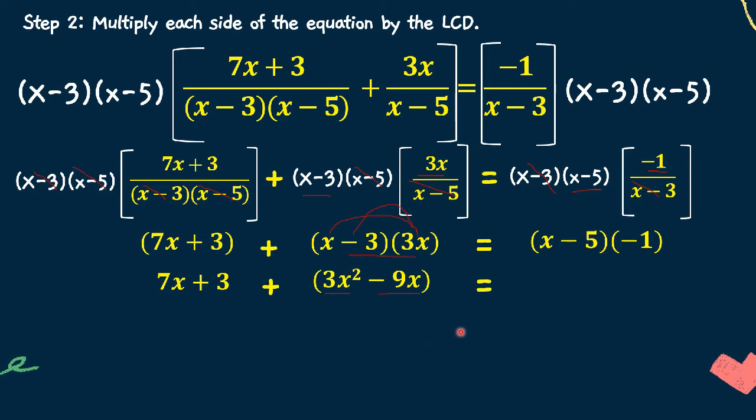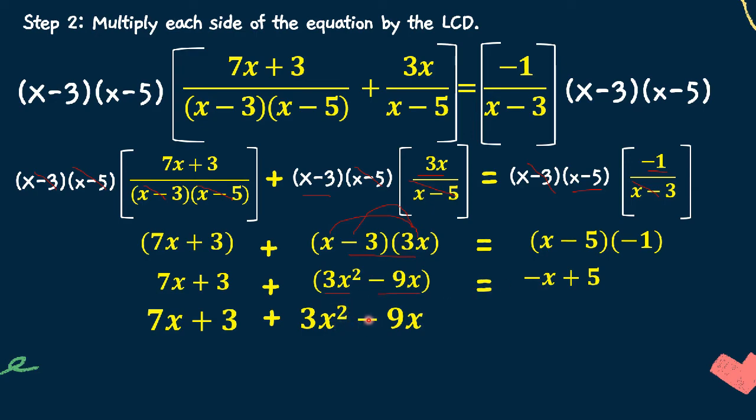On this side, copy the equal sign and simplify. x times negative 1 is negative x. Negative 5 times negative 1 is positive 5. That's why we have negative x plus 5. So combine like terms. We have 7x plus 3.